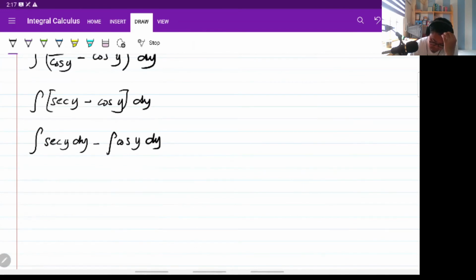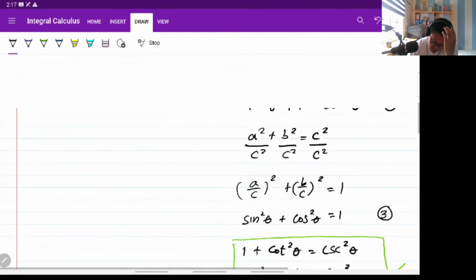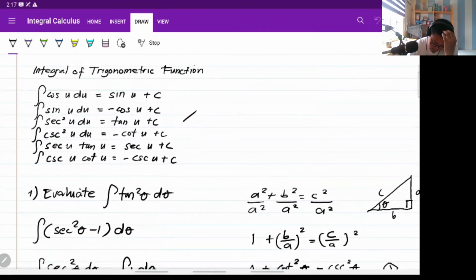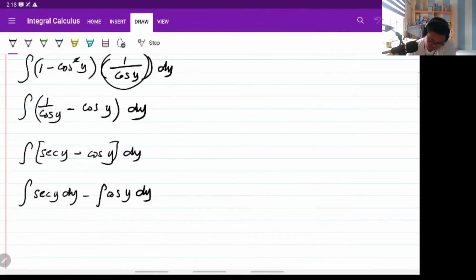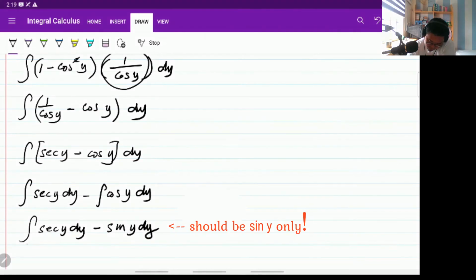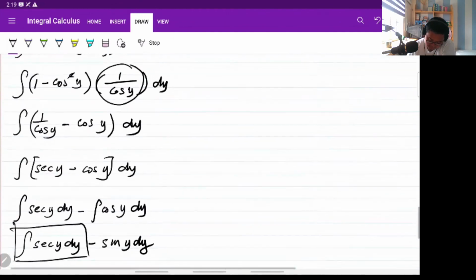So the question is, are secant y and cosine y already in our table? Secant y is not in our table, but cosine y is. So let me integrate the cosine first. This is sine y. So we have a debt here, we have not yet evaluated secant.